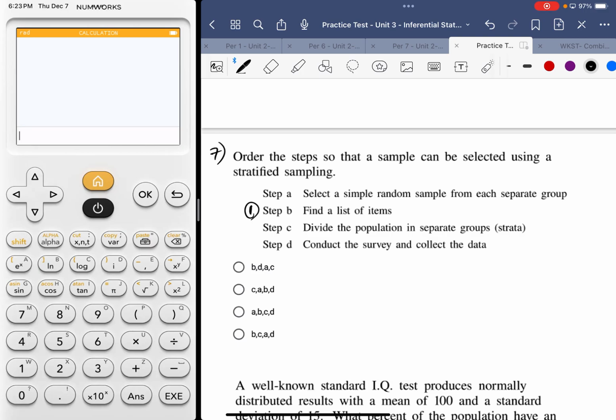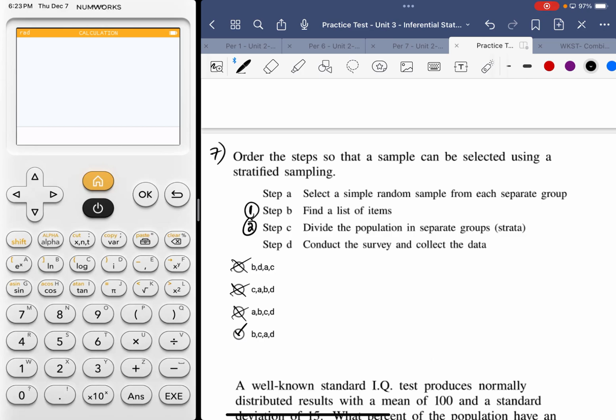I have my population, my list of items, that's my population. And so right there we can just eliminate two choices. Then I would divide that population into different groups. So we already know the answer has got to be the last one, but let's continue on.